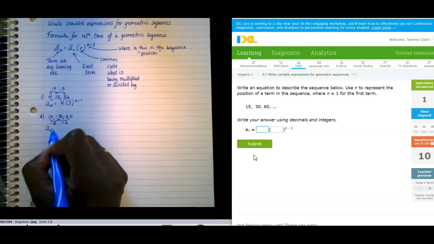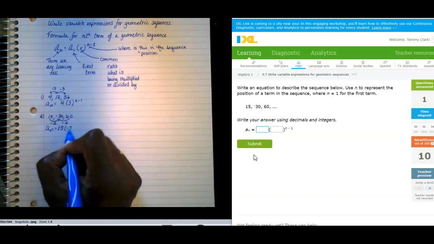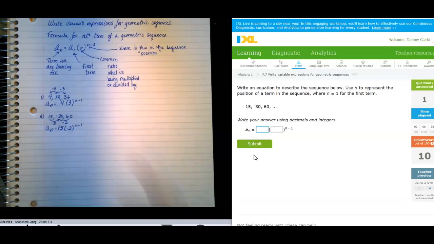So a sub n is equal to our first number, which is 15, multiplied by negative 2 raised to the n minus 1 power. So 15, negative 2.